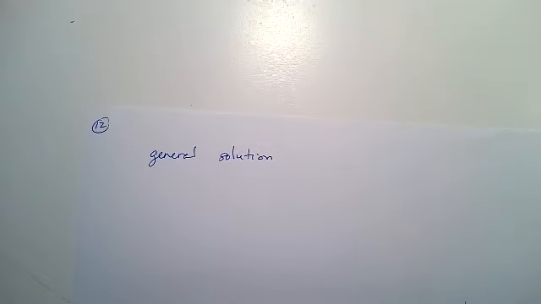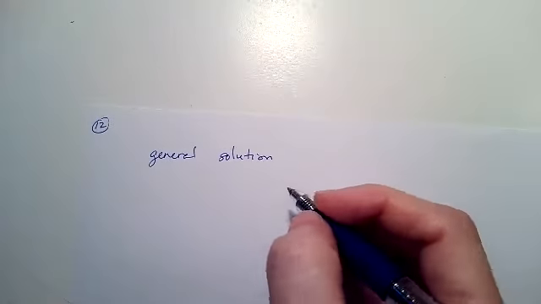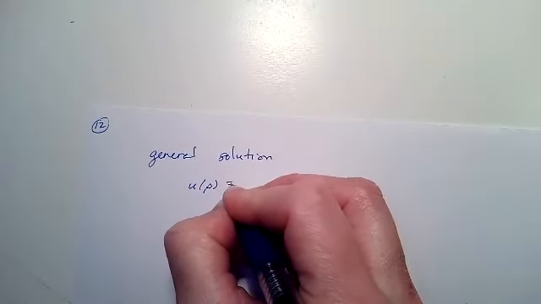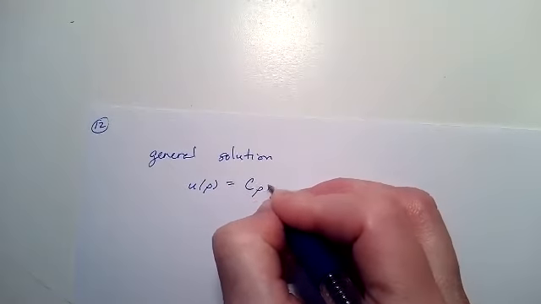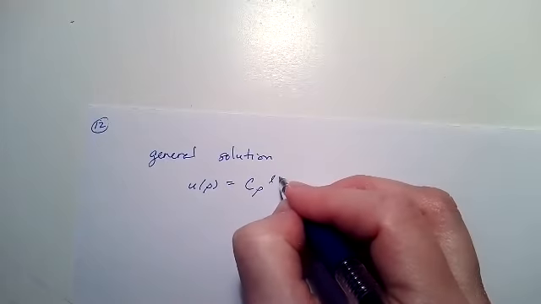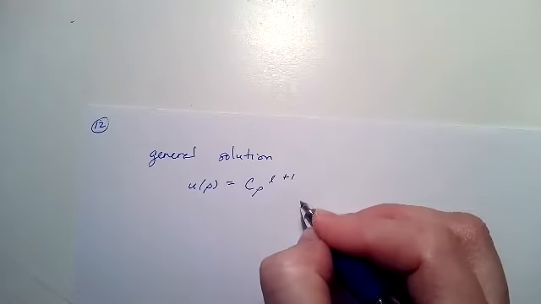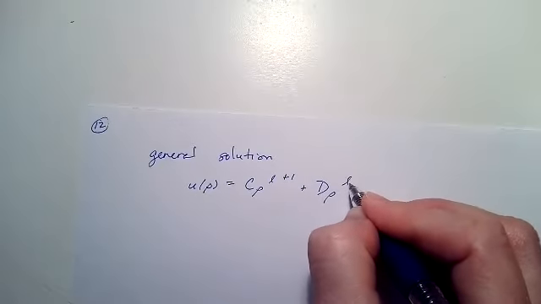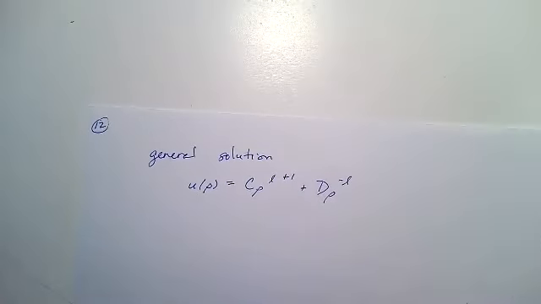that is going to look like u as a function of rho. We'll give ourselves a different normalization constant, call it c, rho to the L plus 1 plus d rho to the minus L. Okay.